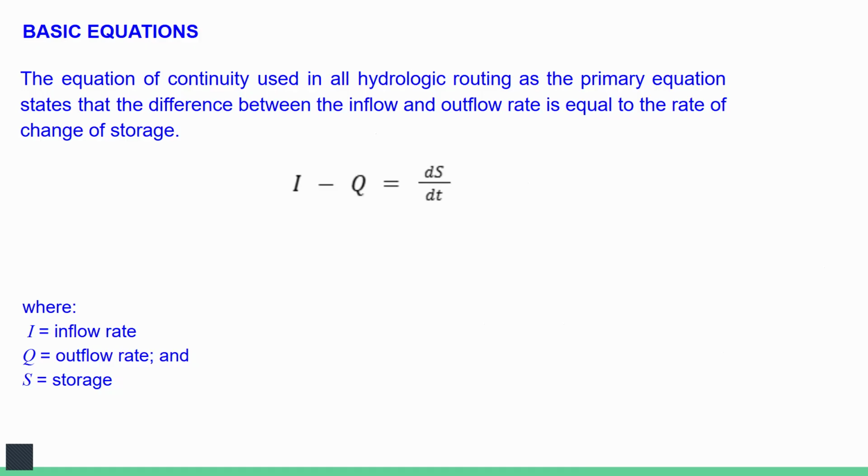I, which is the inflow rate, minus Q, which is the outflow rate, is equal to the change of storage with respect to time. So I minus Q is equal to dS/dt.